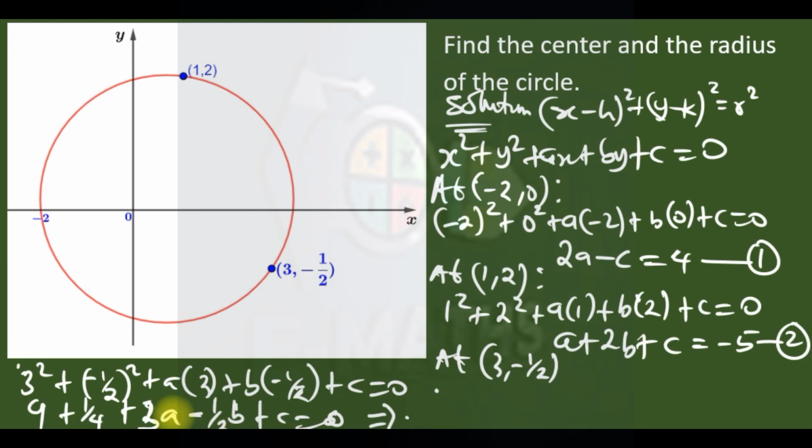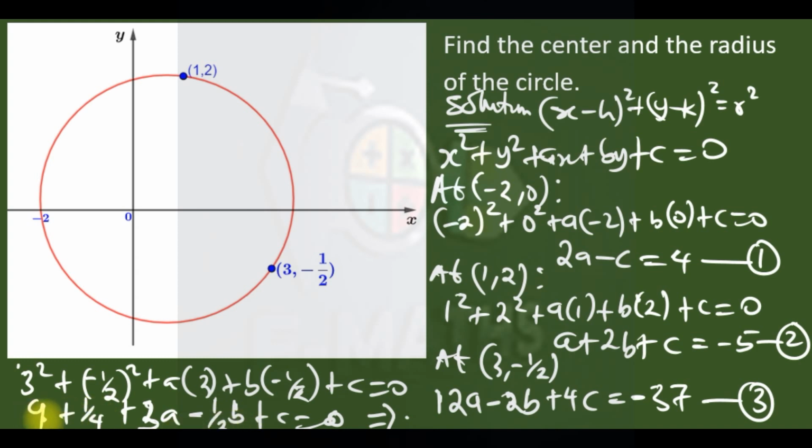So we now have 4 times 3 is 12a, 4 times minus half b is minus 2b, 4 times c is plus 4c, equal to minus 37. Do you get it? I cleared the denominator. LCM of 4 and 2 is 4.